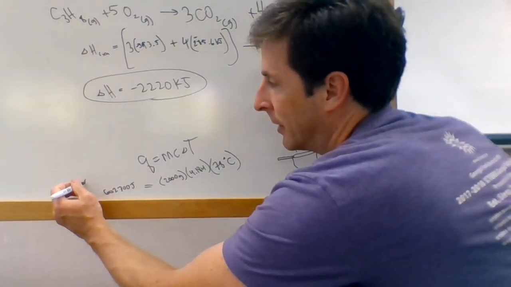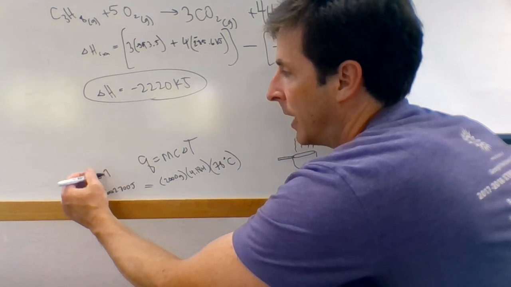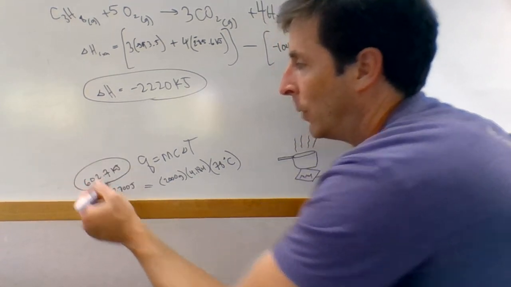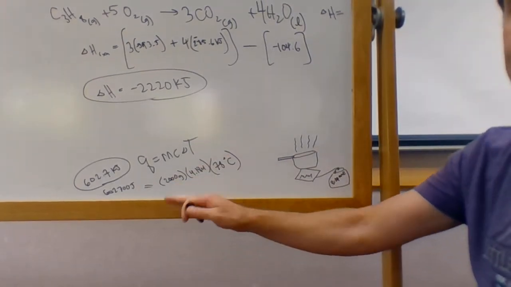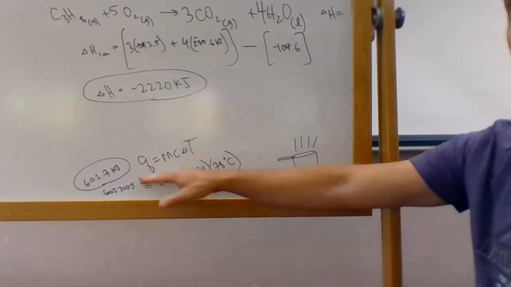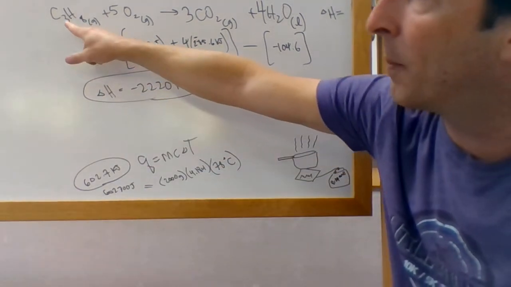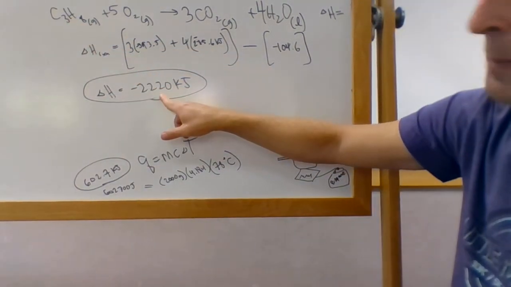So I'm going to go ahead and write that, 602.7 kilojoules. That's how much heat we decided earlier that we need to get our water up to boiling. And we know that if we burn 1 mole of propane, it's going to produce this amount of heat.